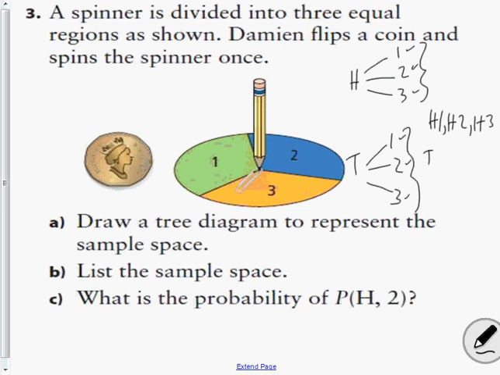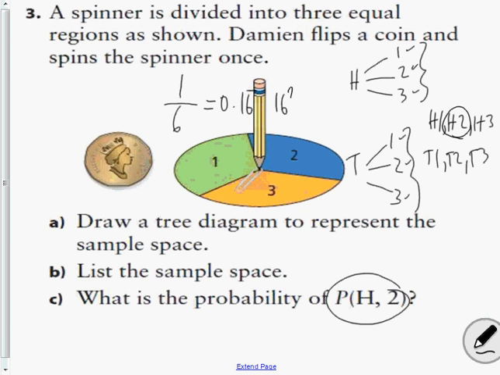And down here we have a tails with a 1, a tails with a 2, and a tails with a 3. So there are 6 possible outcomes. And the probability of a heads 2, only one of them out of 6, which is 0.16 repeating, or 16 2/3% probability.